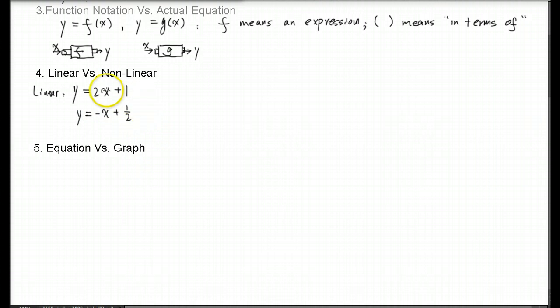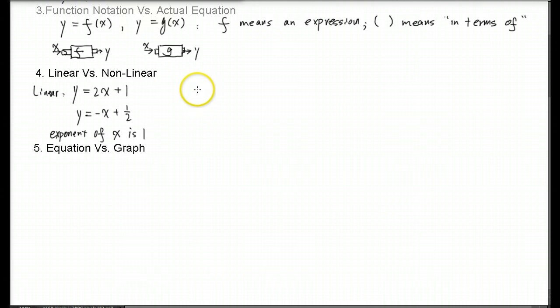In any linear function, you can notice that the exponent of x, which is the independent variable, is 1. By the way, in any function we call x the independent variable and y the dependent variable, just like the machine. The y is the product, depending on what kind of x you put in. That's why we call x independent and y dependent.